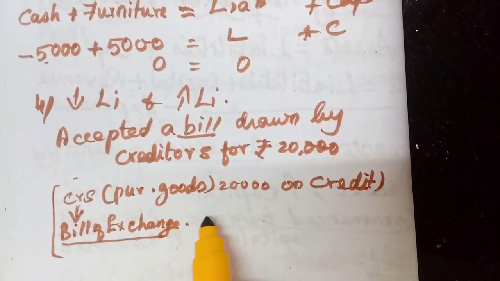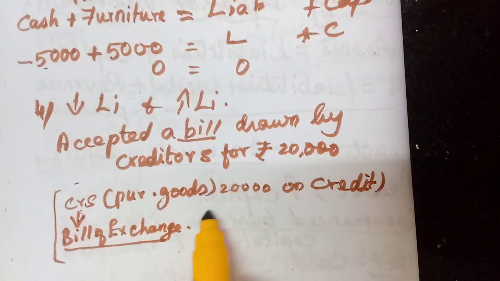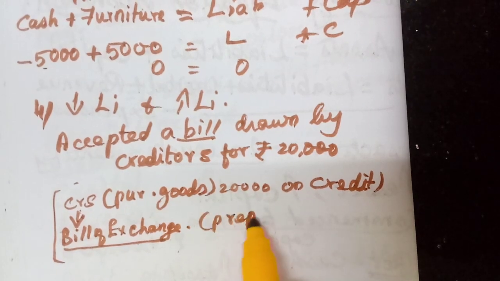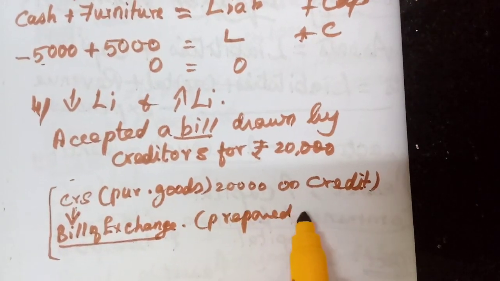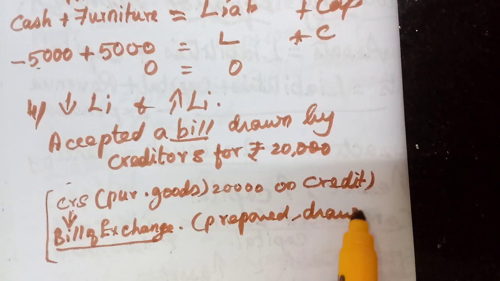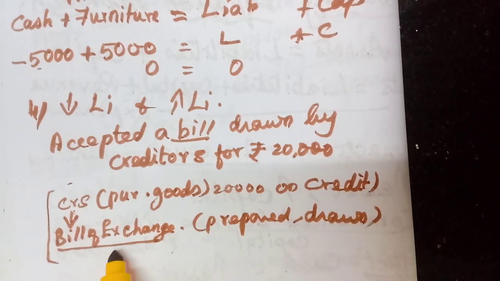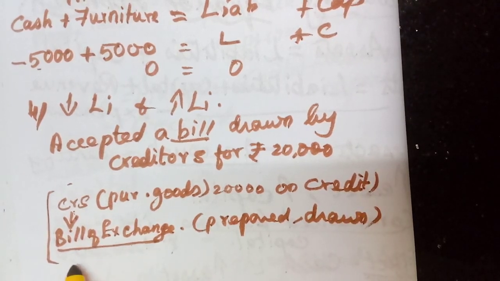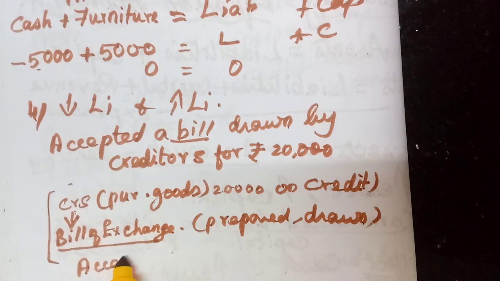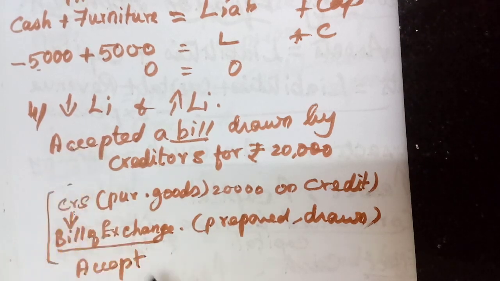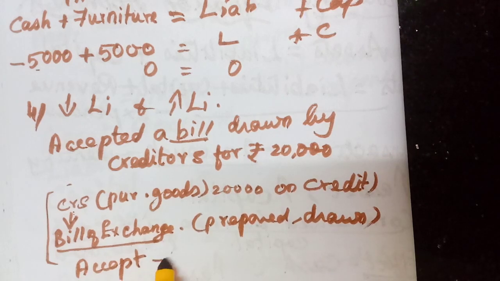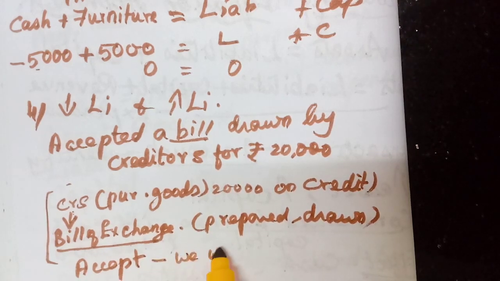That is drawn. Preparing is called drawn. Then the business, we need to accept that one. What is the meaning? That is called accepted. We accepted a bill drawn by the creditors. We accept that we will pay.